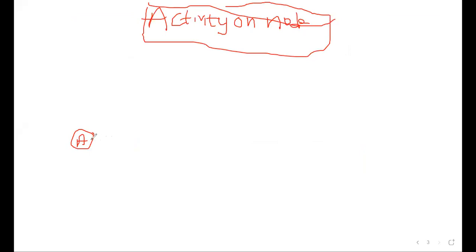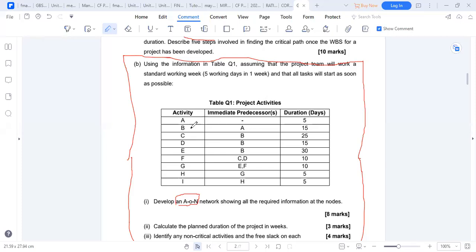After A, there is a B. After A has completed, B starts. There was no activity that started before A, so A was a starting activity. After B, there are three activities: C, D, E. Are we together so far?